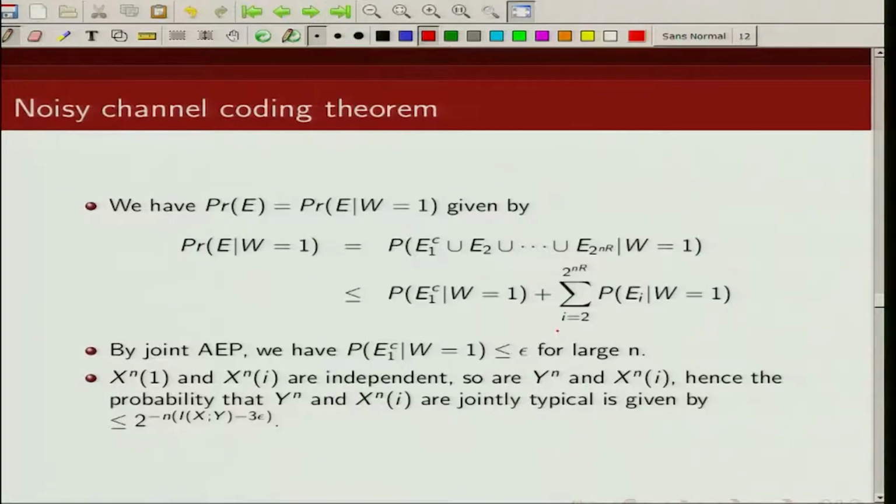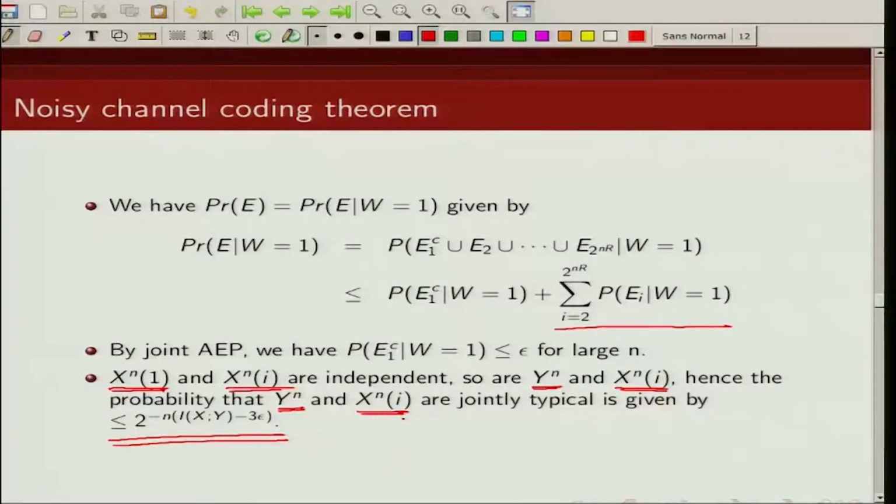Now let us look at the second term. We have also shown that if X^n(1) and X^n(i), where i is different from 1, are independent, then Y^n and X^n(i) are also independent. Then the probability that Y^n and X^n(i) are jointly typical is upper bounded by 2 raised to the power minus n times (mutual information minus 3 epsilon).